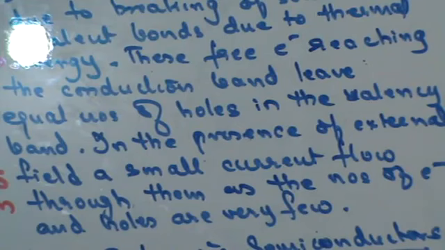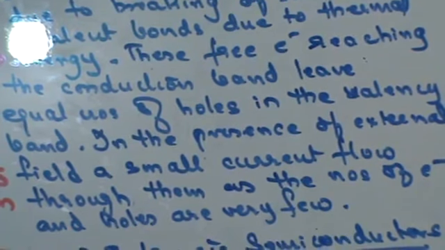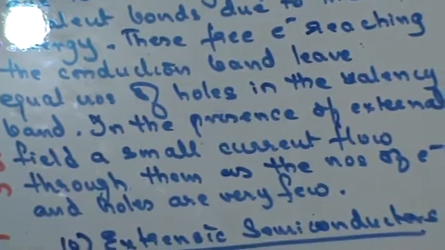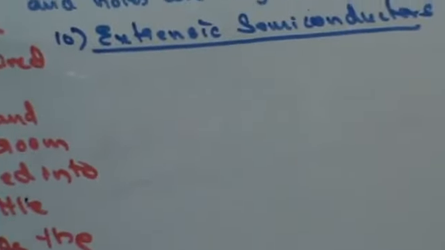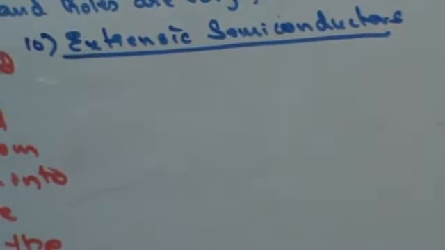Such a semiconductor which has some impurity added to it is called an extrinsic semiconductor. This process of adding impurity during crystallization is called doping.